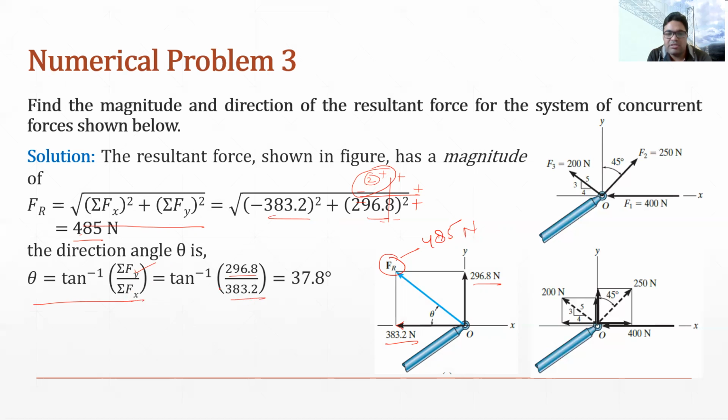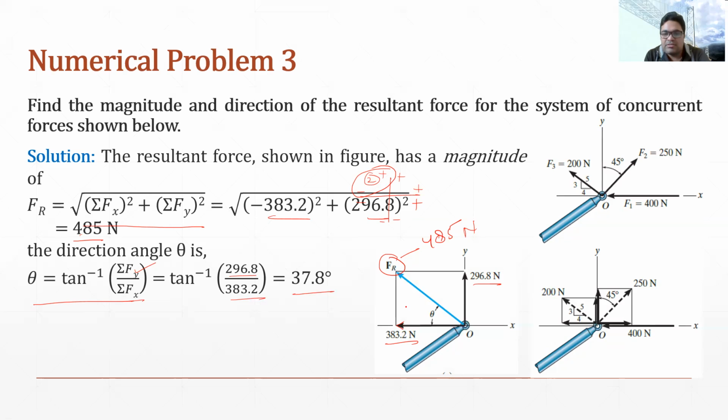Now we are not using the negative because it will not be significant here. Why? Because we have already accounted for the negative by placing our resultant in the second quadrant. So there is no significance of putting negative with 383. Putting the values, we can find theta as 37.8 degree.